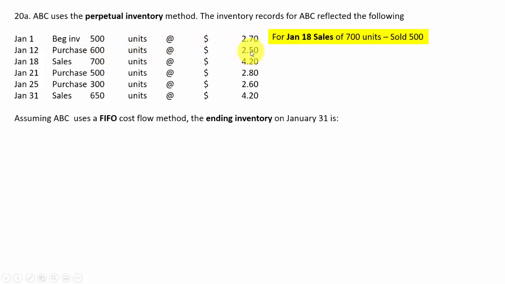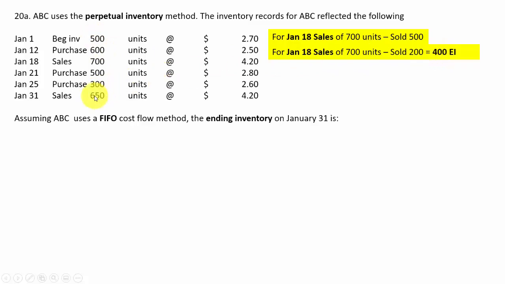So you got 400 left in ending inventory from this purchase right here. So for those 700 units of sales, you sold all of these and 200 of these, which means you got 400 left. Keep that in mind.